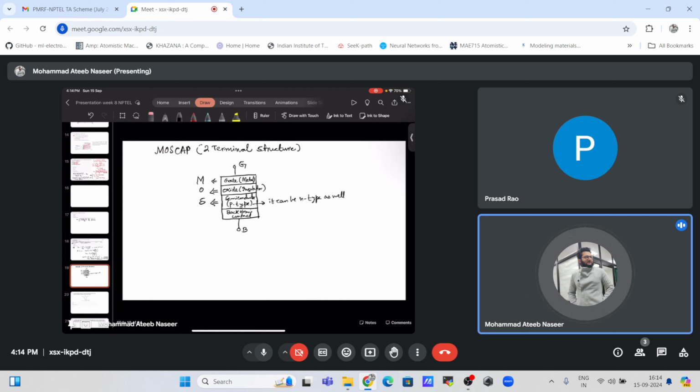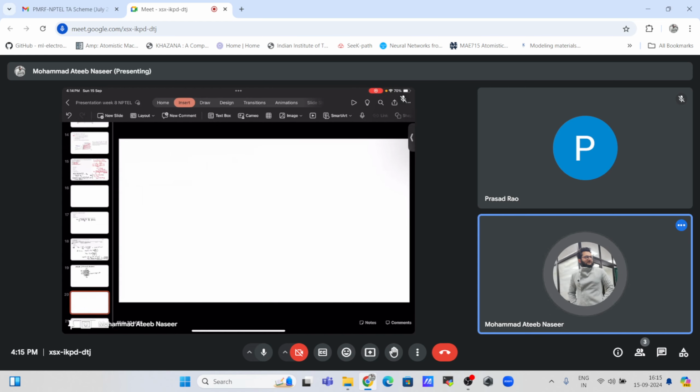That's why we call it by the name of MOS capacitor. Now let's draw the band diagram for the ideal MOS capacitor, that is having no metal-semiconductor work function difference and also considering no oxide charges.